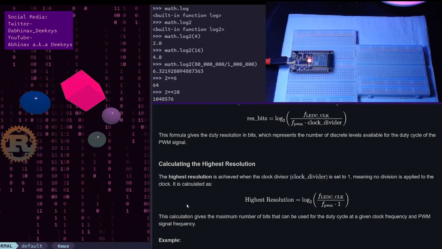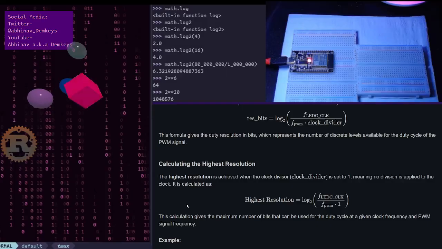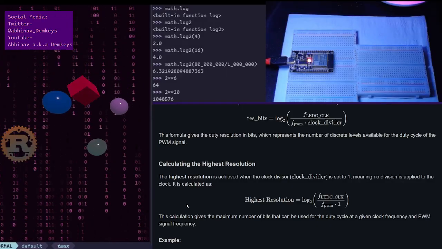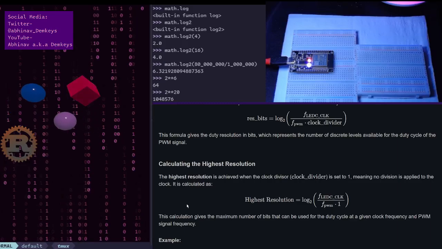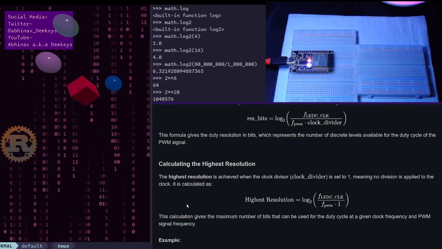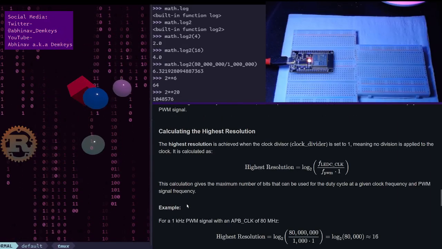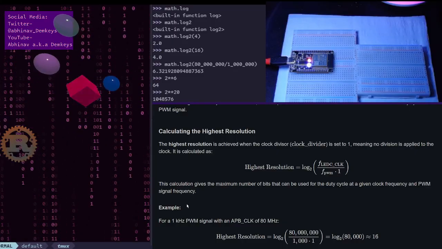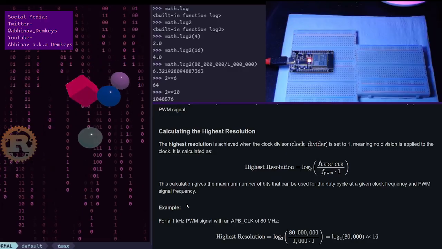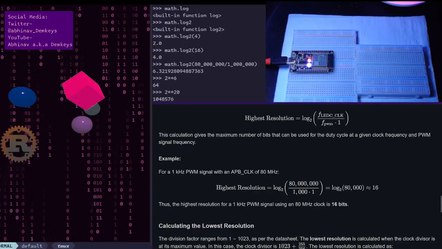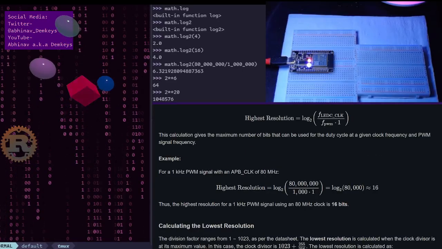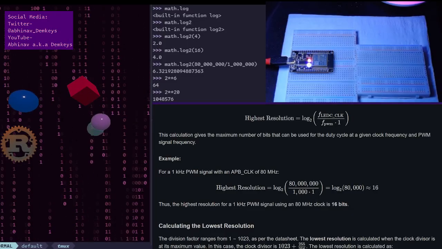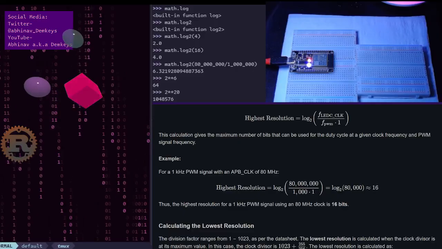There was a calculation that I had done at the very beginning when we were learning about this stuff, and I was having a conversation with Gemini about how these calculations work, because initially I wasn't able to make much sense out of this. Example, for a 1 kilohertz PWM signal, 1 kilohertz means 1000 cycles per second. So we're going to have 1000 periods per second.